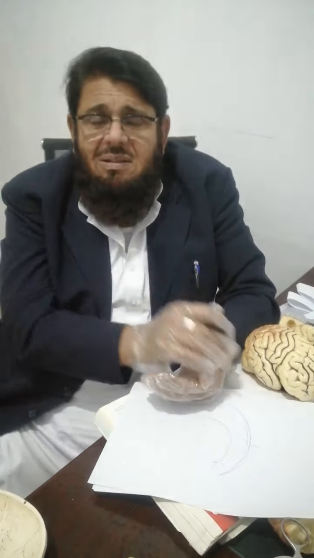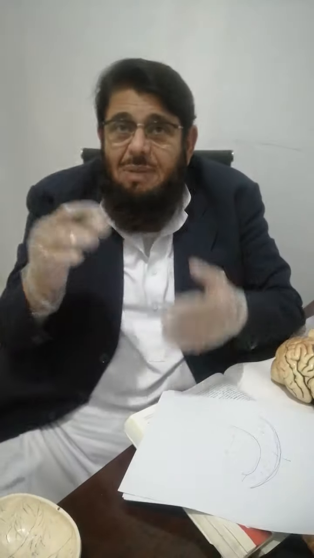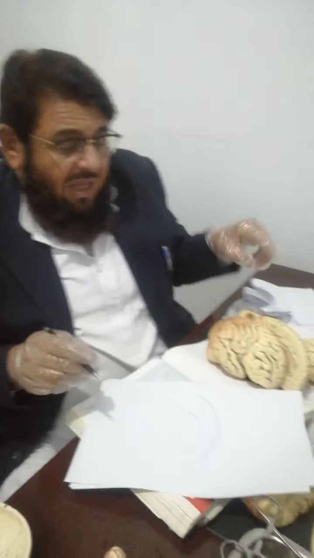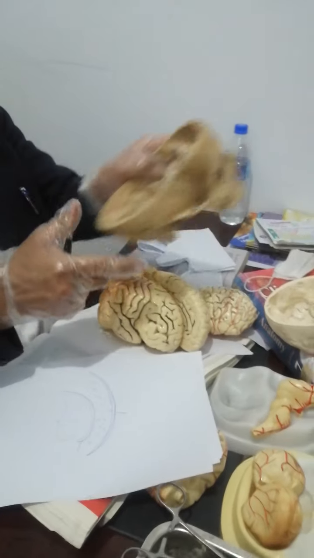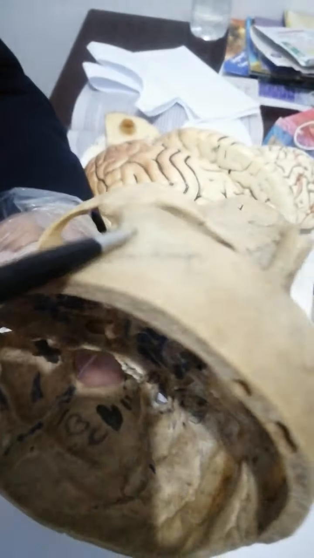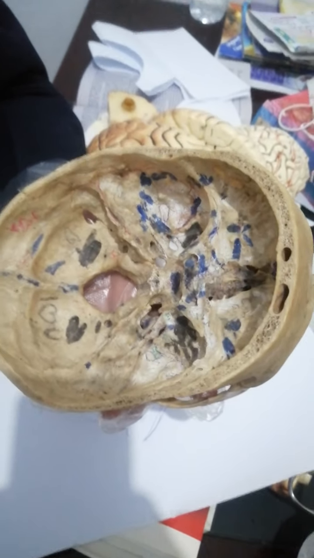Now the dura mater consists of two layers. The outer layer is the endosteal layer, and the inner layer is the meningeal layer. Look, the outer layer or endosteal layer is actually the inner periosteum of the bone. Although bones are covered by periosteum, the skull bone is covered by periosteum on the outer side as well as on the inner side.